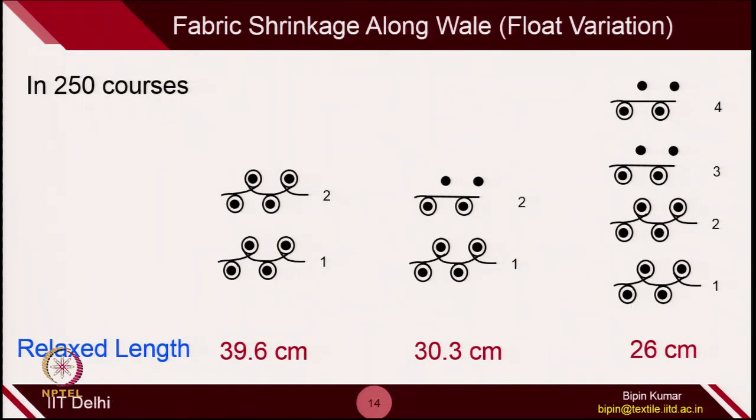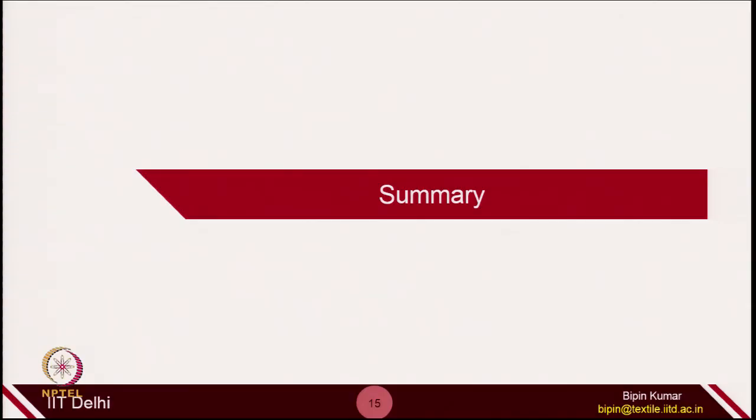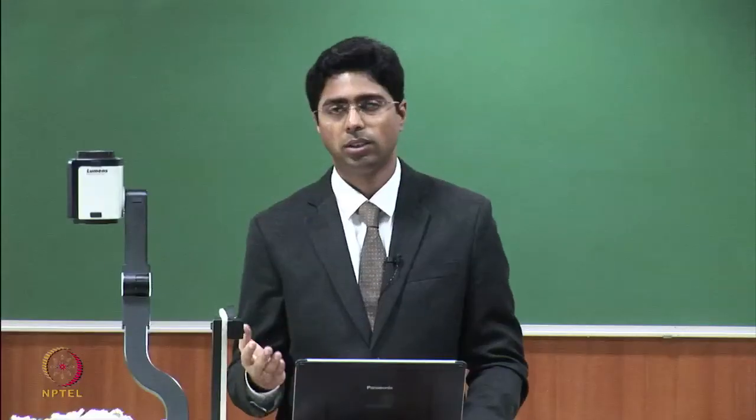So, obviously the variations of float and tuck designs are unlimited. Naturally, whenever a worker is making a fabric on a particular machine, or even a student, you need to be very careful about what designs you are making. You need to first make a lot of trials, fabric samples, and observe the behavior, and then you can set the machine in a particular sequence.